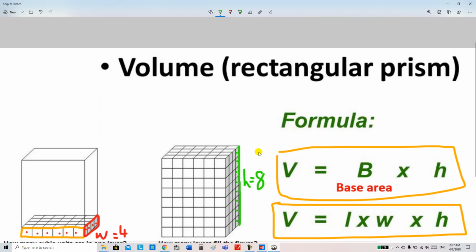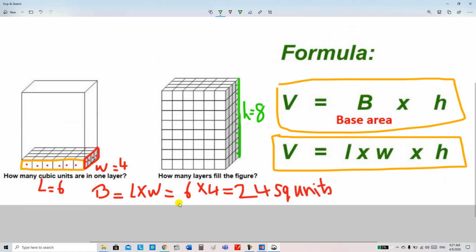So if you want to get the volume, it will be volume equals base area times height. As we know, base area equals 24 here, so write 24 times height equals 8.